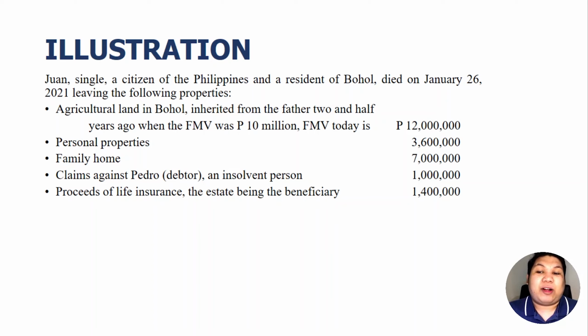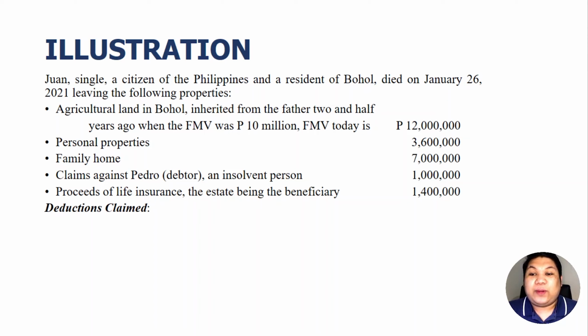But in this problem, the beneficiary is the estate of Juan. Therefore, this is not exempted from the tax. This is subject to estate tax because the beneficiary is the estate itself, and it's not given whether it is irrevocable or not. Actually, if one condition is not met, the proceeds will be entirely taxable.